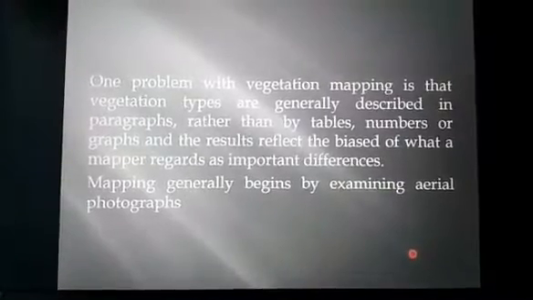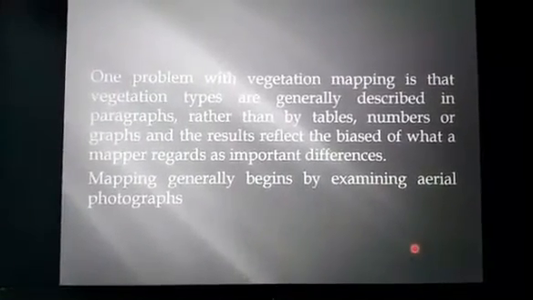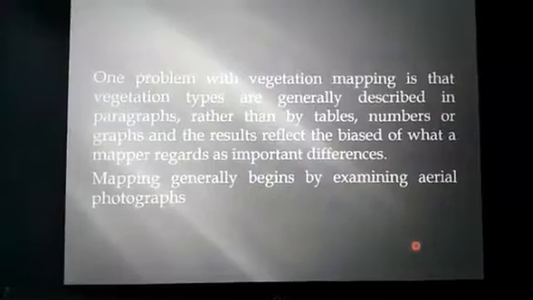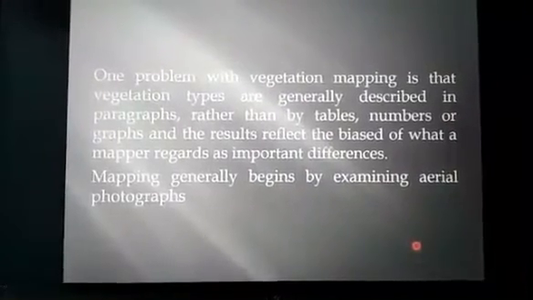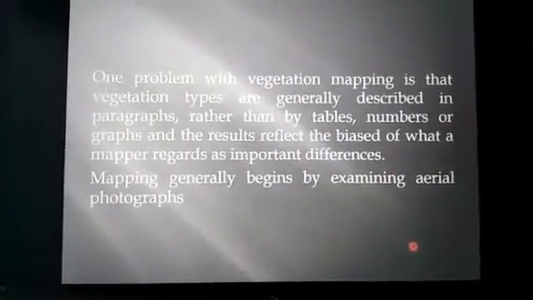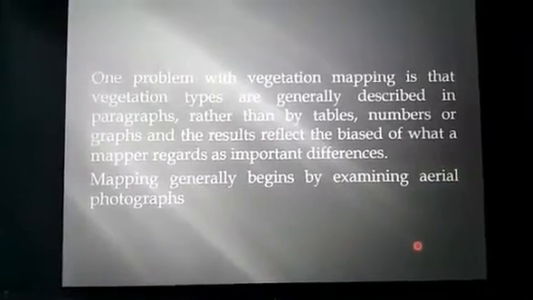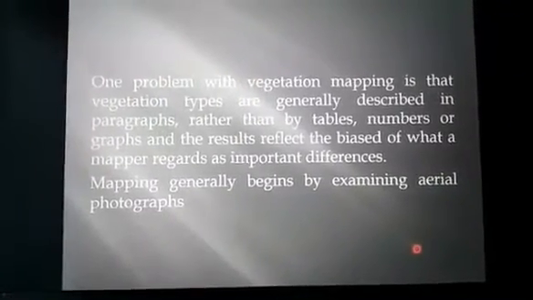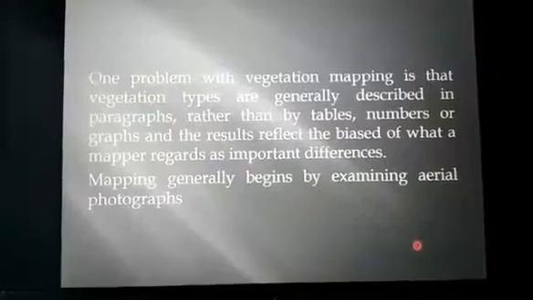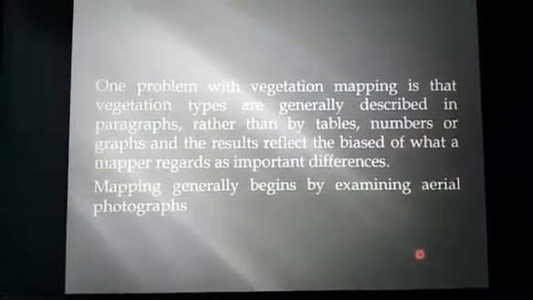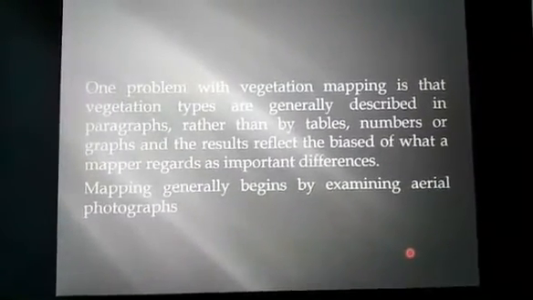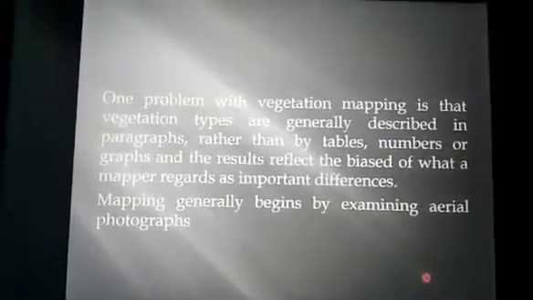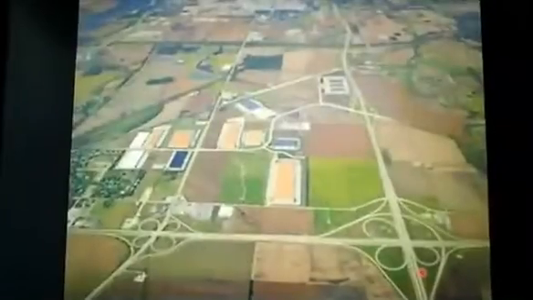So that is, vegetation types are generally described in paragraphs rather than by tables, numbers, or graphs, and the results reflected the bias of what a mapper regards as important differences. So mapping generally begins by examining aerial photographs.